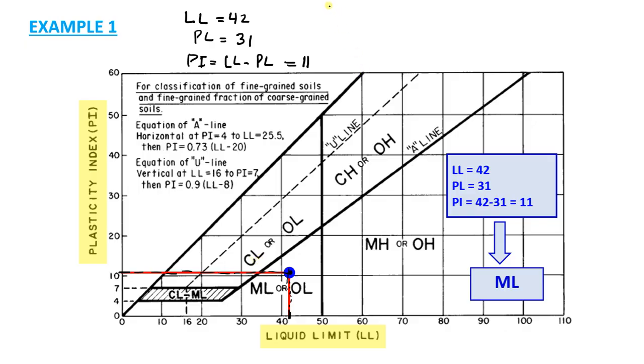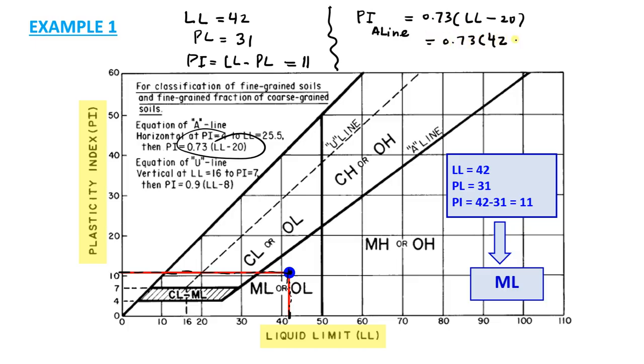For that reason, it's always a good idea to use the equation of the line. So let me write the value of PI on the A-line, PI subscript A-line. If you remember, the formula is 0.73 times (liquid limit minus 20). Now the liquid limit is 42, so this is 0.73 times (42 minus 20).